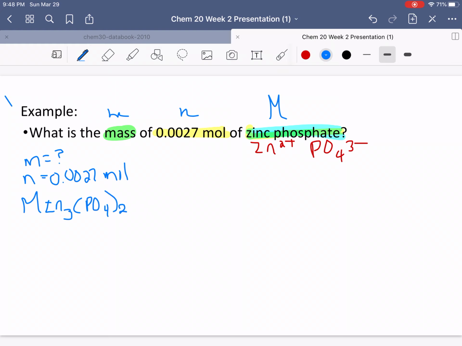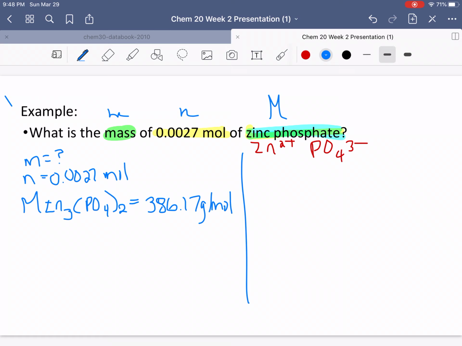Drop and swap. Equals, think about again when you do this molar mass, 3 zinc, plus there's 2 phosphorus, plus there's 8 oxygen. You're going to get a grand total of a pretty high molar mass, 386.17 grams per mole. Okay, let's keep going.